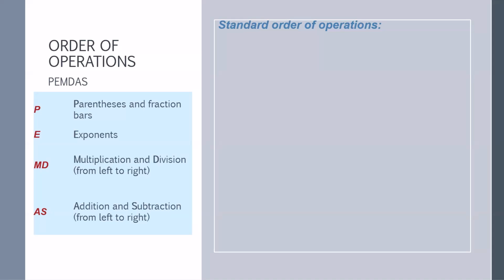When we want to do any arithmetic, we need order of operations. We often use the acronym PEDMAS. This stands for parentheses and fractions, exponents, multiplication and division, and addition and subtraction.